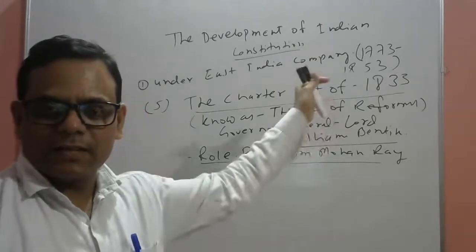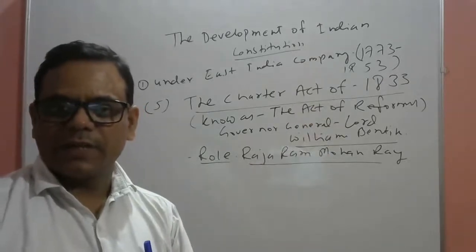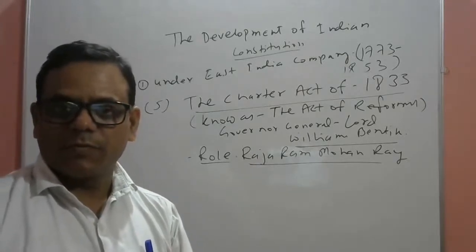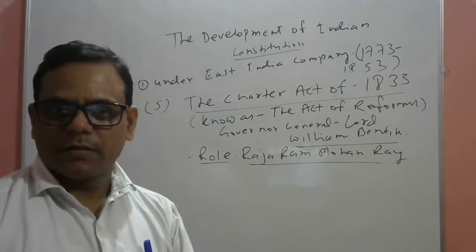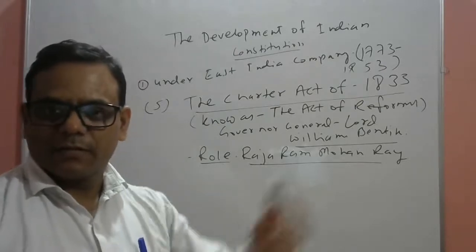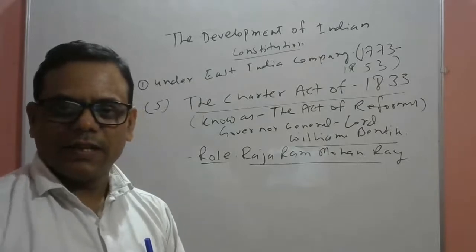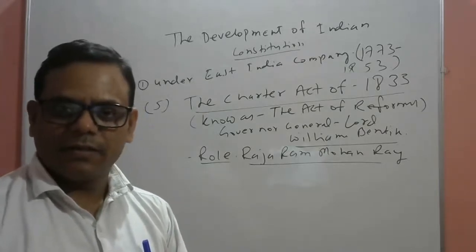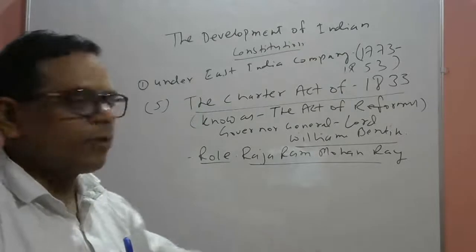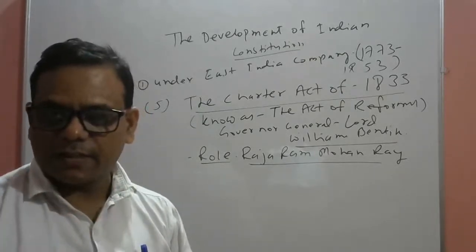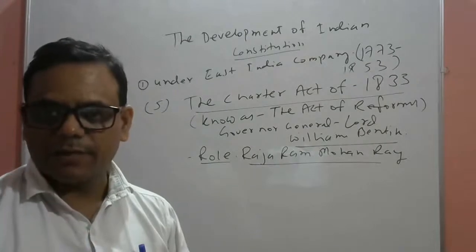So that act is the Charter Act of 1833. Which one of the acts is known as Reforms Act? That is the Charter Act of 1833. These are important information of this act, but these are not provisions of this act. Always keep in your mind.